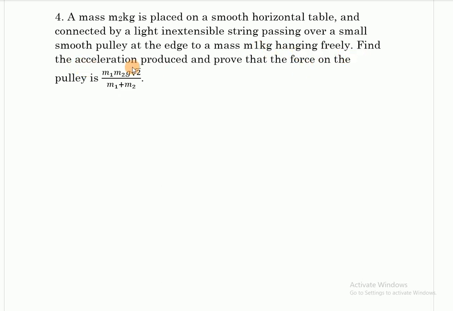Find the acceleration produced and prove that the force on the pulley is m1 m2 g root 2 divided by (m1 plus m2). We need to set up a diagram to help us solve this problem.